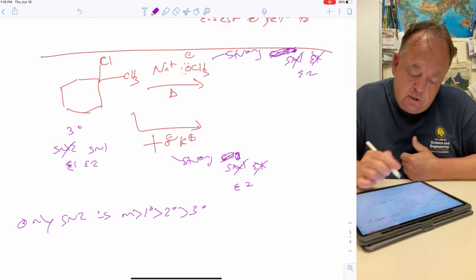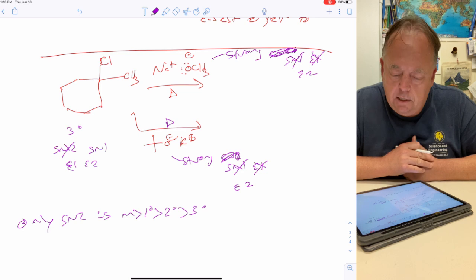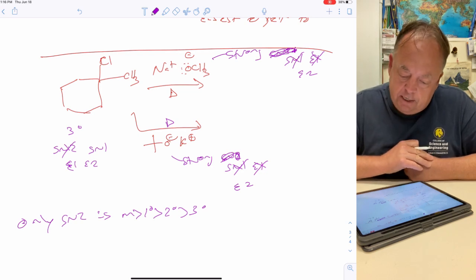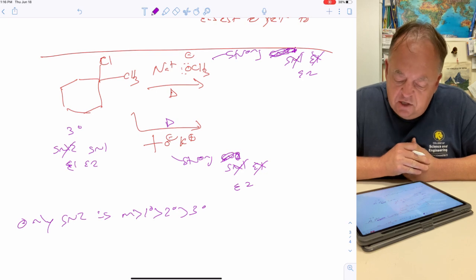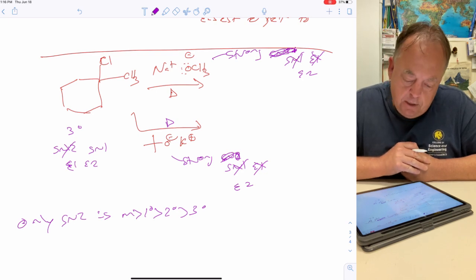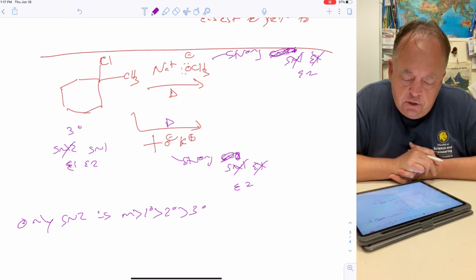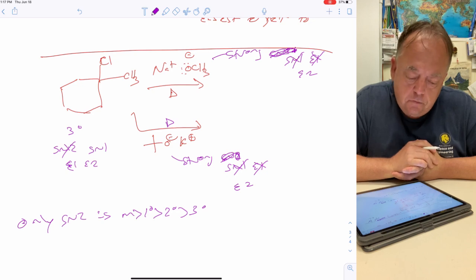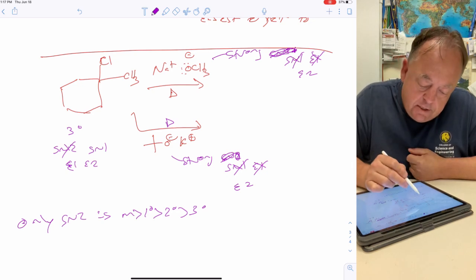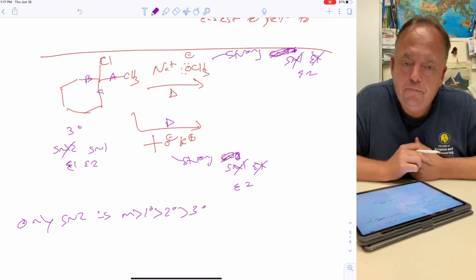So you don't even necessarily need the heat in this reaction because the SN2 is already eliminated for competition. And SN1 and E1 is eliminated because the base is strong. So the only thing that this can do is E2 elimination. Okay, so you've established that it's an E2 elimination. So now you just need to know there's no rearrangement possible in E2. So where can you put double bonds at? You could put a double bond here, A, B, or C, right?